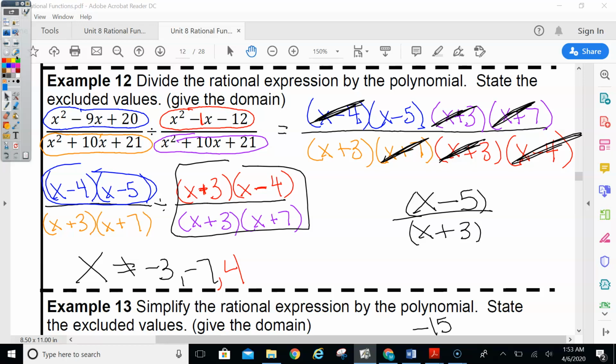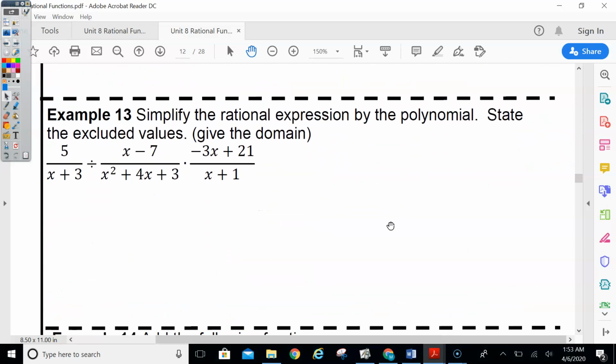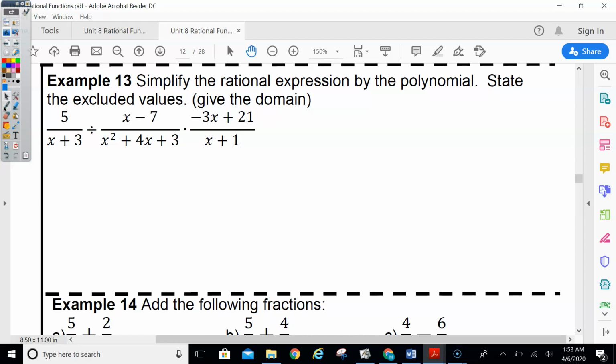Alright. Real quick, for the last one, there is something I want to mention. You're going to see this quite a bit on the homework. For this fraction right here, this numerator, this one's not a basic or an AC or a difference of squares. This one's a GCF one.